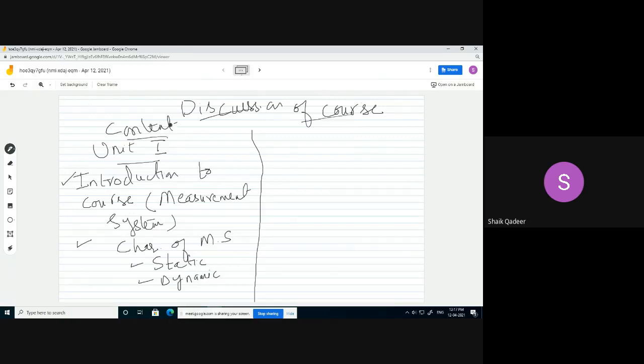As I already told you, transducer can also be called a measurement system. So introduction to transducer means introduction to measurement system. The system under discussion is the measurement system, right, which we are going to learn in this course.